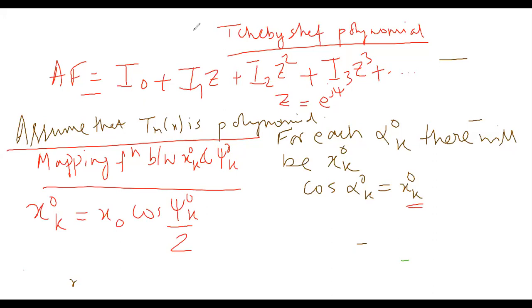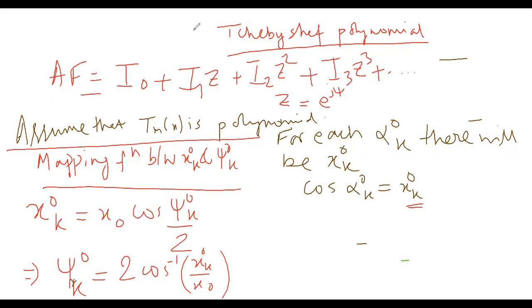So if you rearrange this equation, will you not be able to find psi naught k? Yes, you can definitely find that psi naught k is equal to 2 cos inverse x naught k divided by x naught, right?